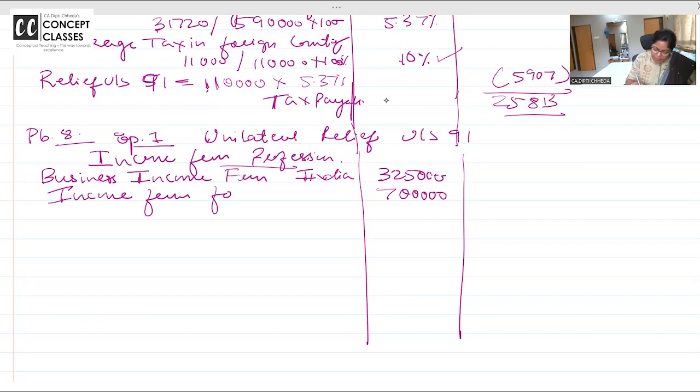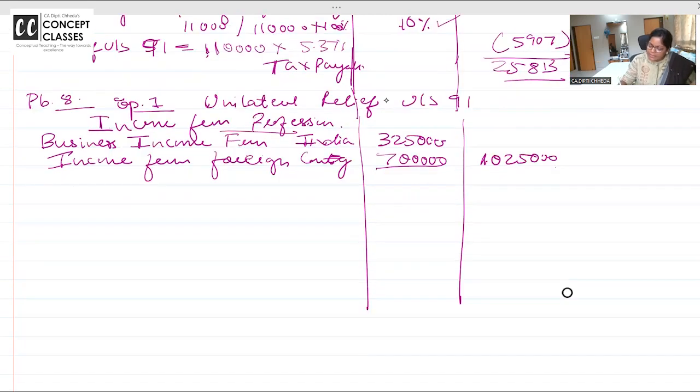Income from foreign country. So what is the total income from business? 10,25,000. And because there is no other head and no other income, let us take the same as gross total income, 10,25,000.